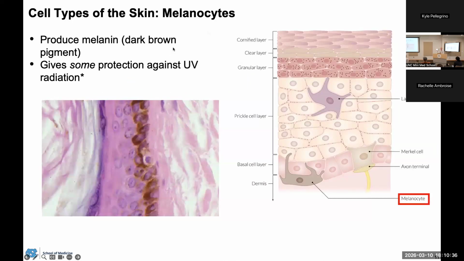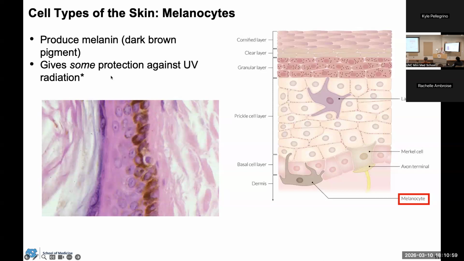Next, we also have the melanocytes that I mentioned before. These are the ones that produce melanin, which is the dark brown pigment that the melanocytes will produce, and then they'll basically stick it into the keratinocytes. So it's not just the melanocytes that are pigmented, they will produce that pigment and then spread it around in all of the keratinocytes.